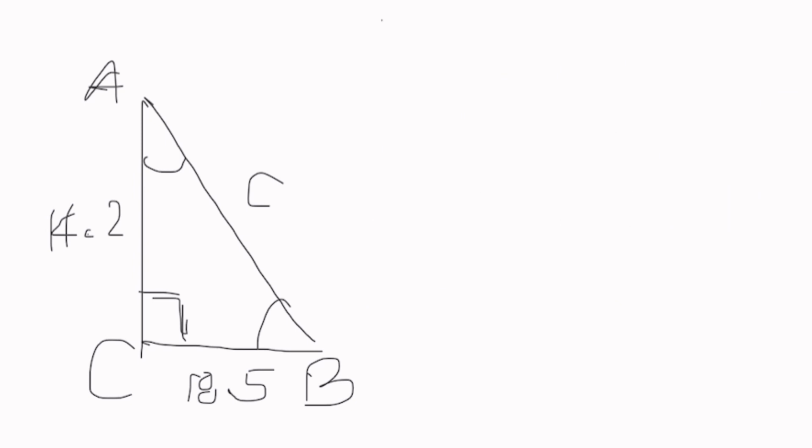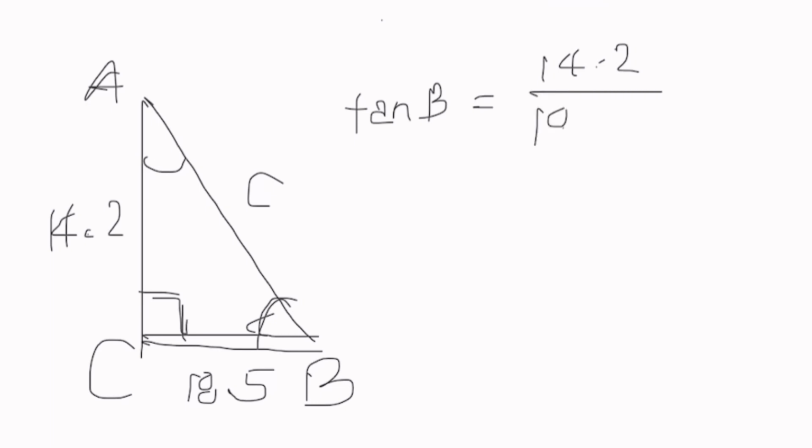Now to find the measure of angle B here, our given is the adjacent side, which is 18.5, and the opposite side, which is 14.2. So we're going to use tangent. Tangent of angle B equals the opposite, 14.2, over the adjacent, which is 18.5.